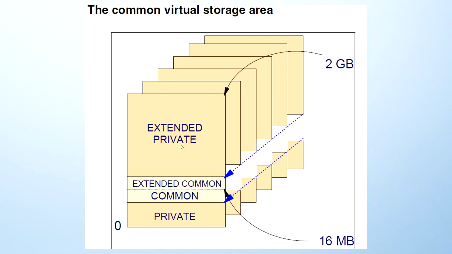The private storage is not shared across the other address spaces. That way it creates isolation between different address spaces, so it creates some kind of security. A particular user of one address space will not be able to interact with the data related to the other address space.